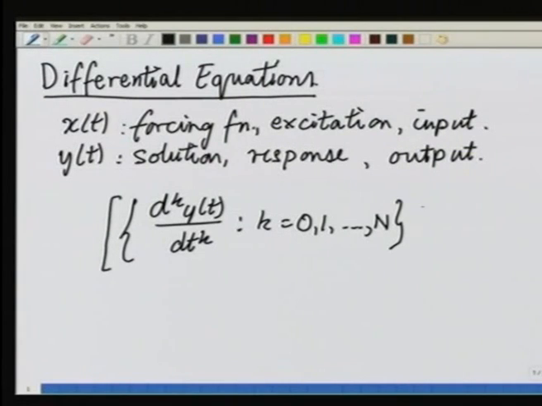We construct some combination of these entities d^k y(t)/dt^k. This function I will simply call f for the time being. This is the left side of the equation, and on the right side, as I said, we just have x(t). This makes a general differential equation. Let us make a few examples.